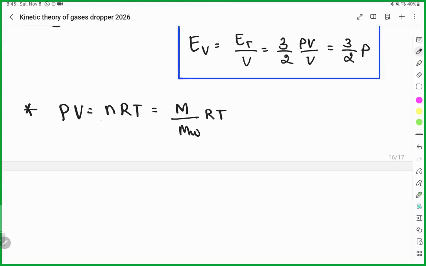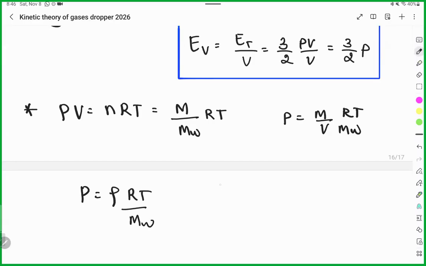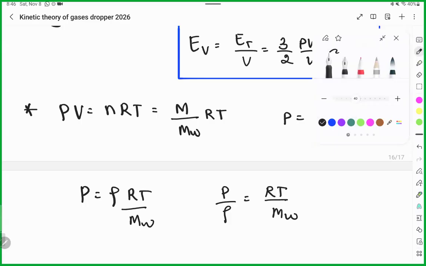So if we go to another side, can you say pressure will be equal to M by V, MW, RT, and M by V, you know, rho, rho RT by MW. You can also say P by rho is equal to RT by MW. MW is equal to molecular weight. Yes or no?